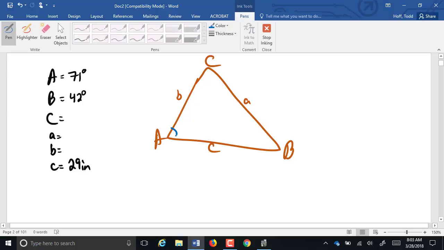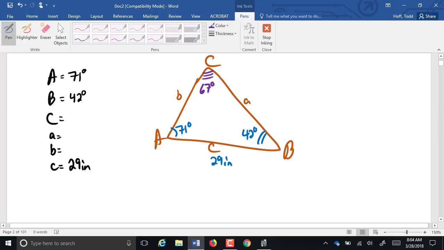So here I have A is 71 degrees, B is 42 degrees, and side C is 29 inches. Do I have a side and an opposite angle? No, but I can find it very quickly because I have two of the angles. Anytime I have two angles, the third one is standing right there.